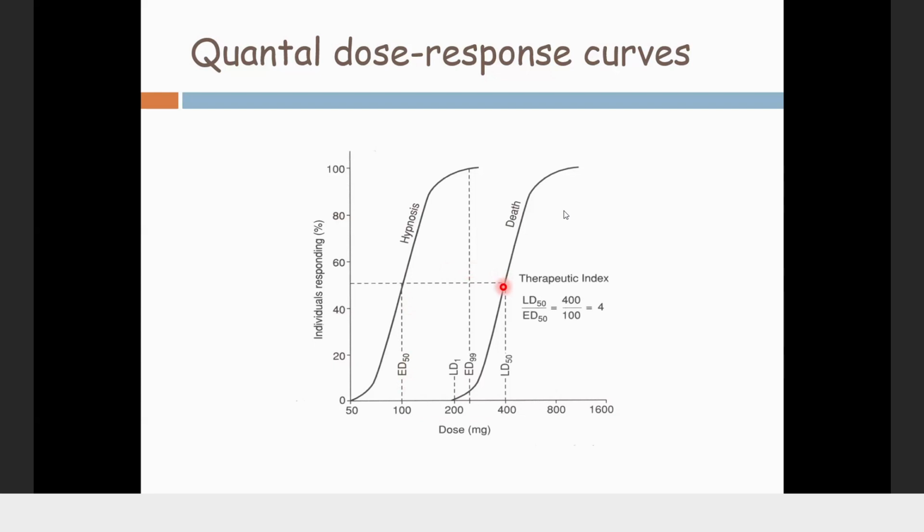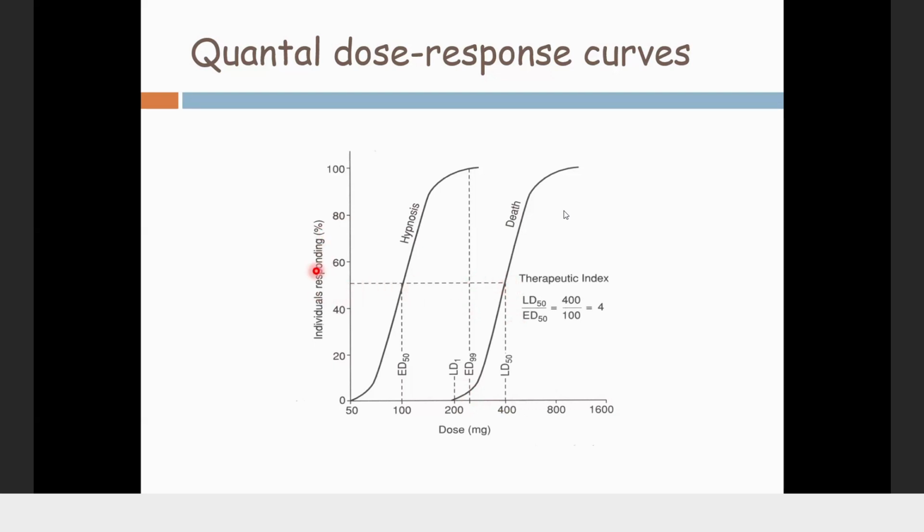And the LD50. So what is lethal dose 50? Anyone? Remember I explained about lethal dose 50? Student: The dose that can kill 50% of the population. Yes.